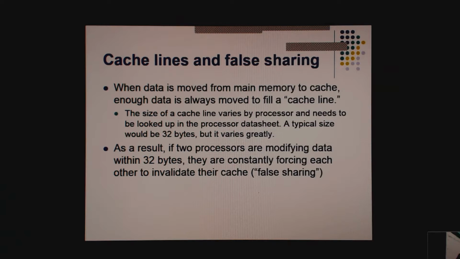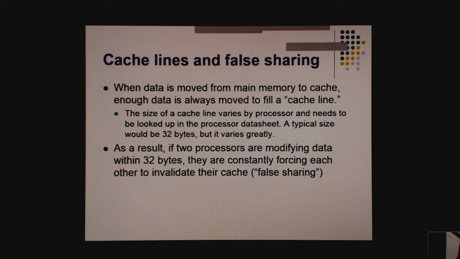As a result, if two processors are writing to variables within 32 bytes of each other, they're constantly forcing each other to invalidate their cache. This is known as false sharing.